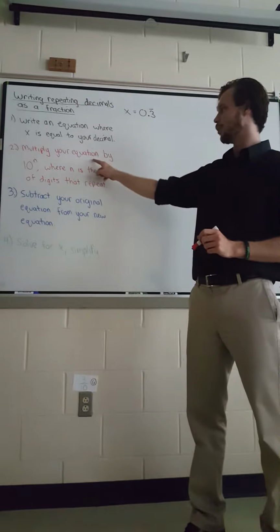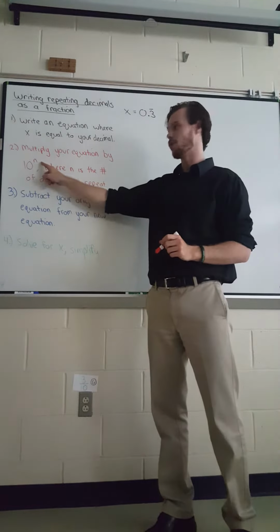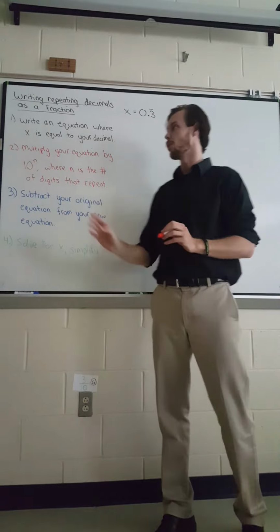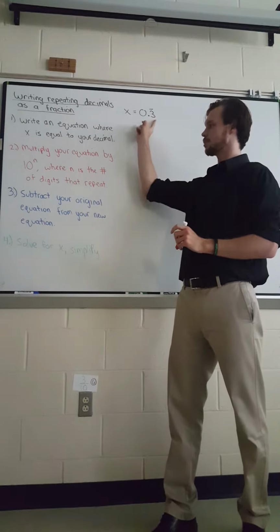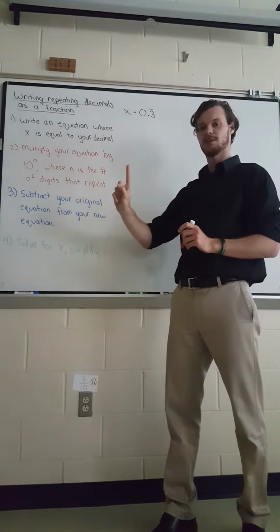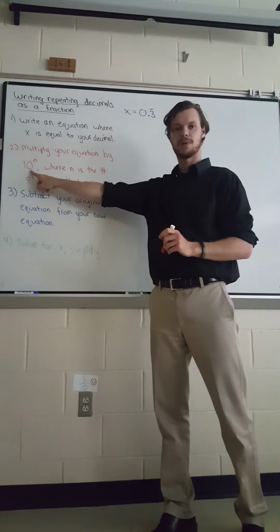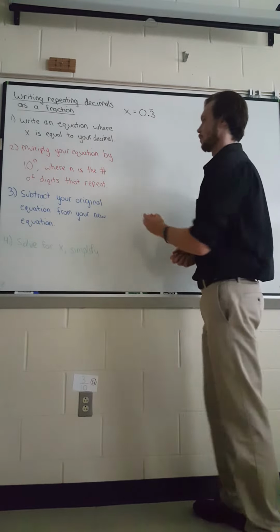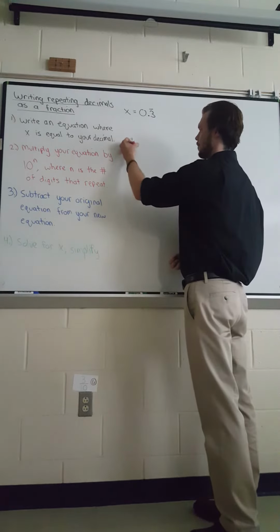Our step 2 says to multiply your equation by 10 to the power of n, where n is the number of digits that repeat. So in this case, we have 1 digit repeating. That makes n 1, which means we need to multiply by 10 to the power of 1, which is just 10. So we're going to take our equation and multiply by 10.